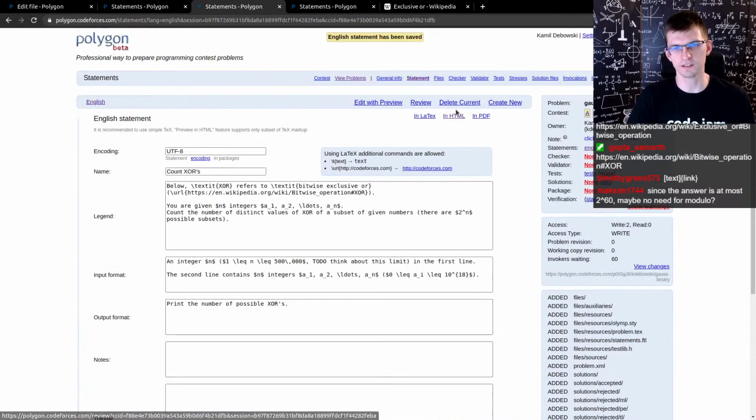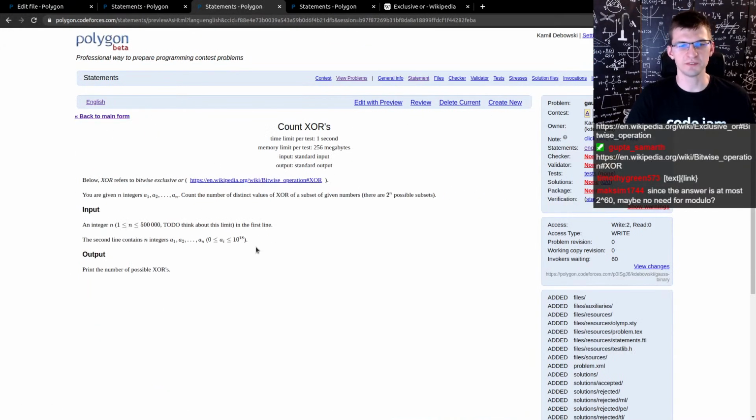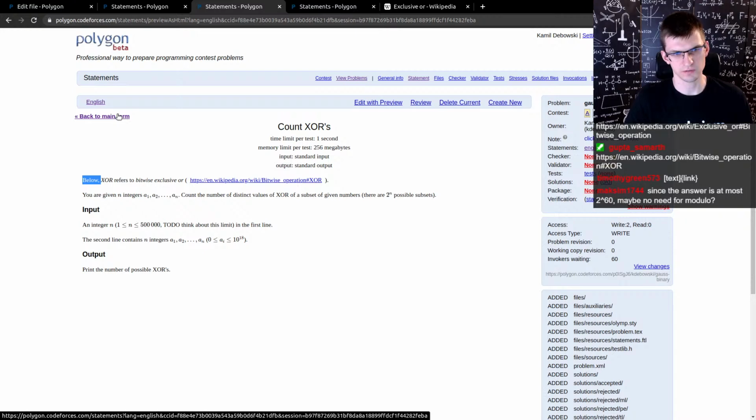I thought that the answer is exponential, but no, it's exponential, but there are 60 bits, so it's at most 2 to the 60th power. Count the number of distinct values of XOR of a subset of given numbers. Should I remove below, XOR refers to bitwise exclusive OR?